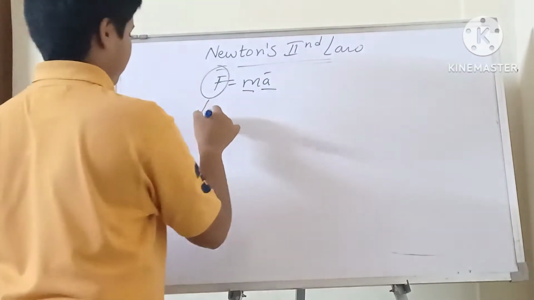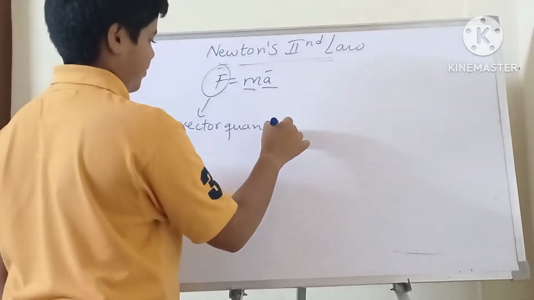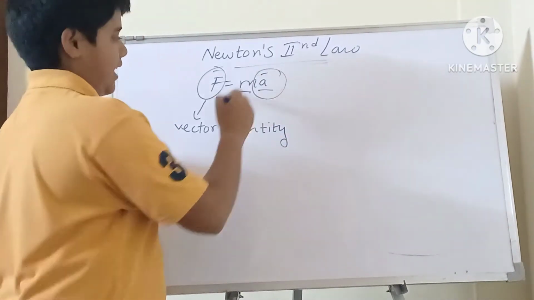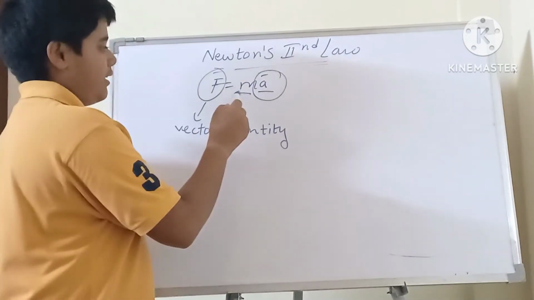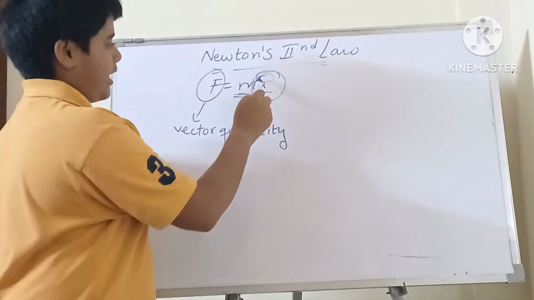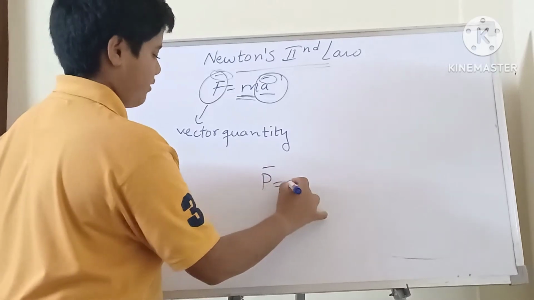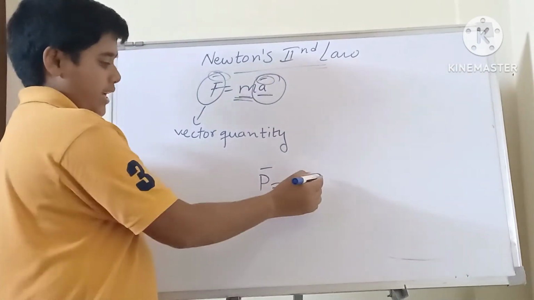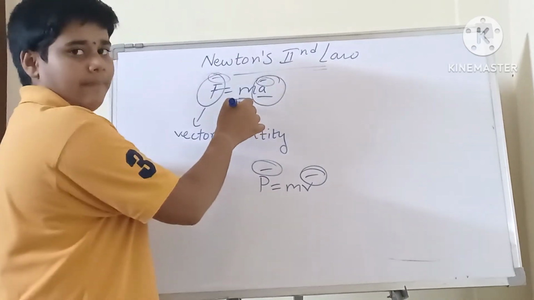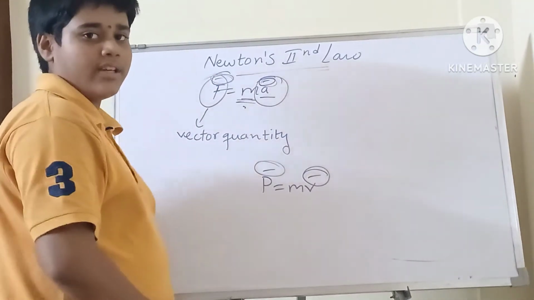Acceleration has a specific direction and mass does not have a specific direction. So this direction will be the force direction. We already know P bar is equal to mv bar, in this the velocity direction will be the momentum direction. In this formula, acceleration's direction will be the force direction. Okay.